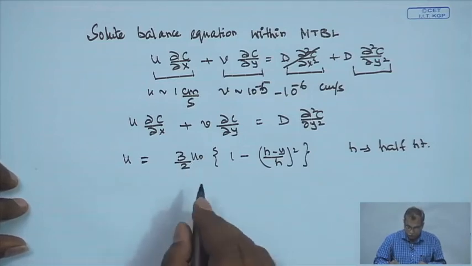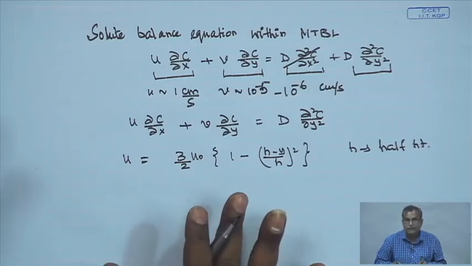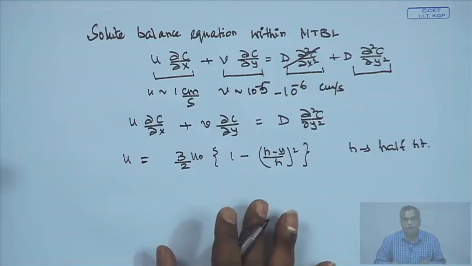Now, as we have already seen, in our case it is a developed hydrodynamic boundary layer, because the entrance length required for the hydrodynamic boundary layer to be completely developed is a few centimeters compared to the channel length of the order of meters. On the other hand, the mass transfer boundary layer will be really developing throughout the whole channel length.